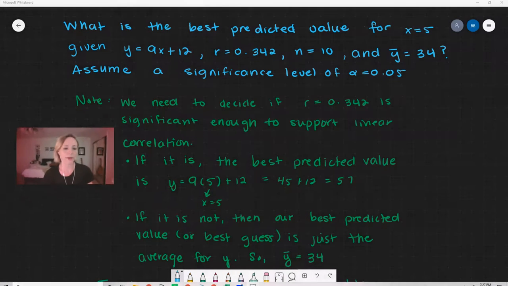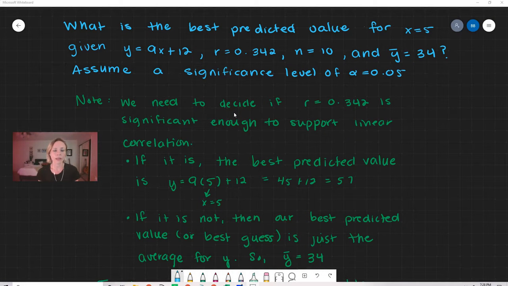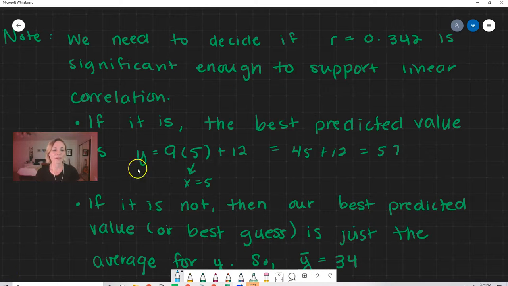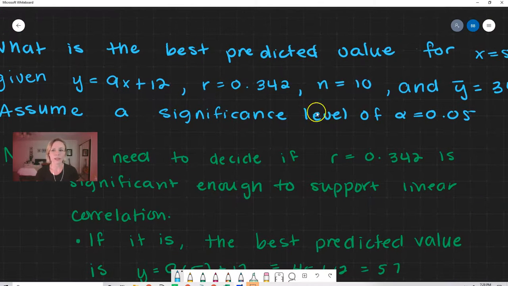So let's go about how to figure out whether or not our line of best fit will work for this data. What it's really dependent on is the value of r and the value of n. So we need to decide if r equals 0.342 is significant enough to support linear correlation. If it is, the best predicted value is y equals 9 times 5 plus 12, because we're using our line of best fit and our value for x.